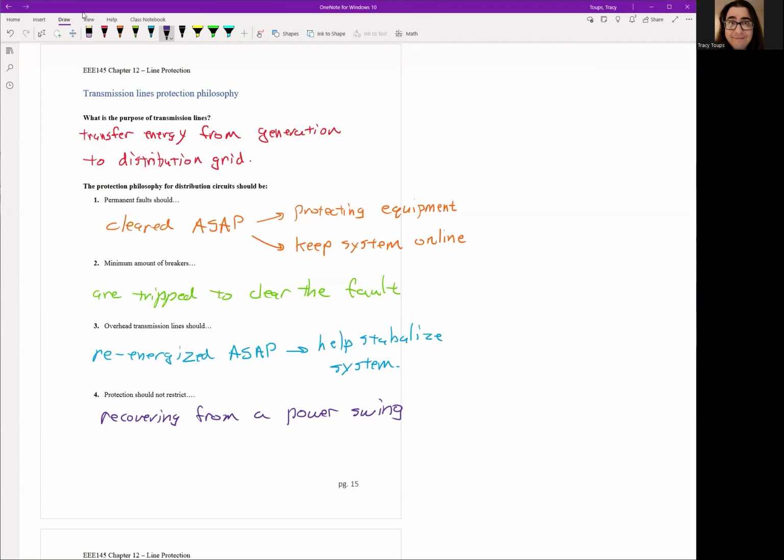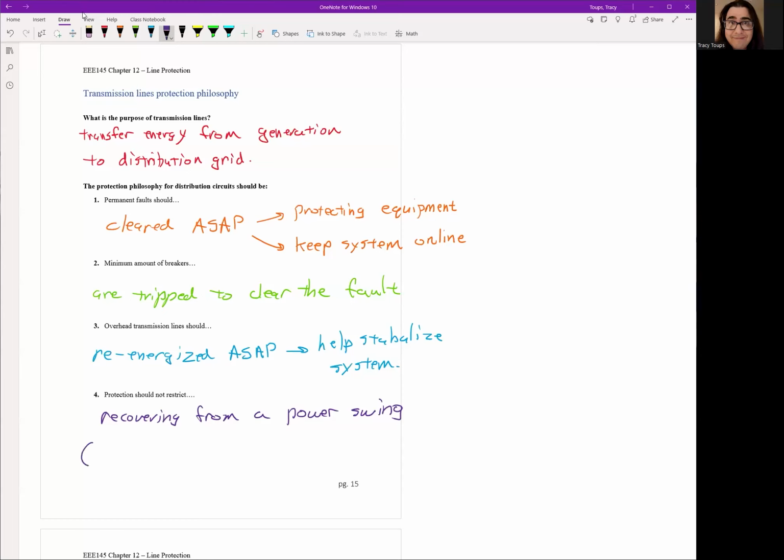Okay, so you'll have a surge of energy kind of pass through the entire power system. Now, the surge of energy will cause a high amount of current and some of the relays could misdiagnose it as a fault. So anytime a protection system sees a power swing, we need to make sure we let it recover. So it should not restrict recovery from a power swing.